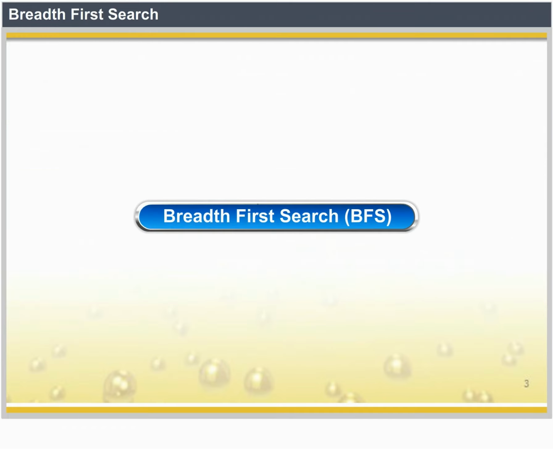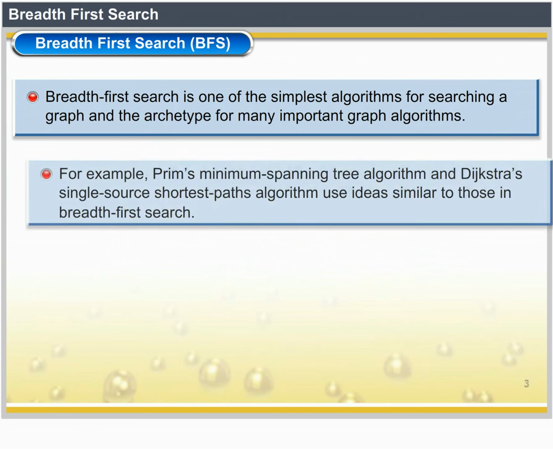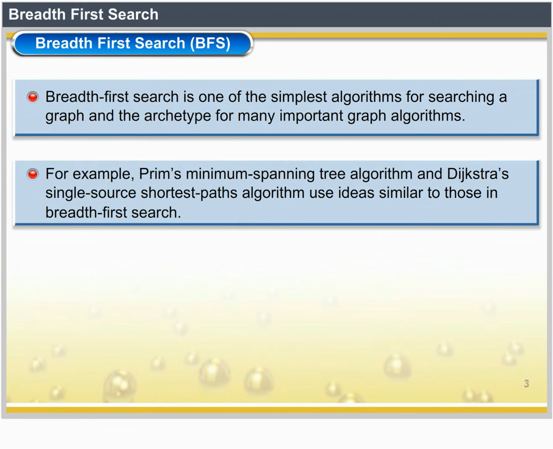Breadth First Search (BFS). Breadth first search is one of the simplest algorithms for searching a graph and the archetype for many important graph algorithms. For example, Prim's minimum spanning tree algorithm and Dijkstra's single source shortest paths algorithm use ideas similar to those in breadth first search.